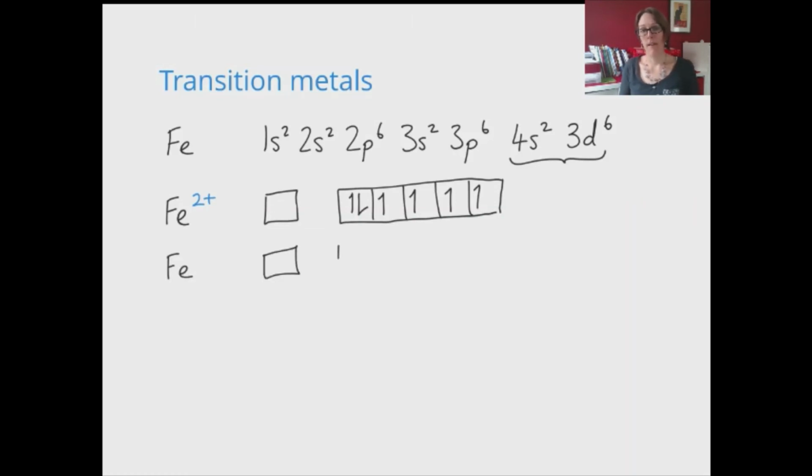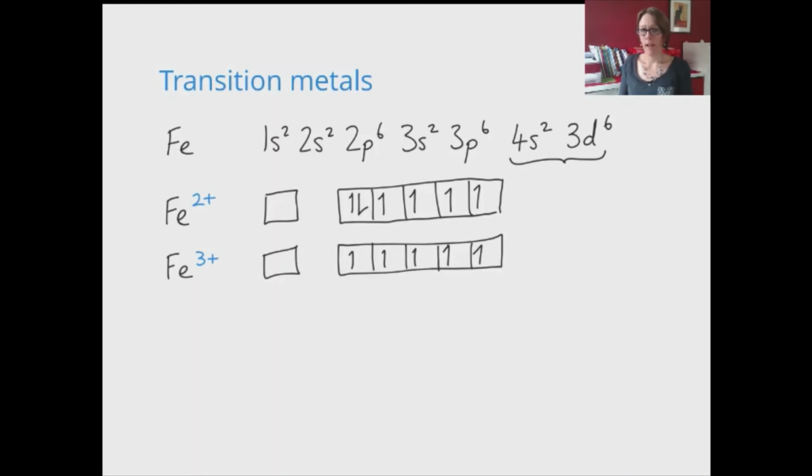If we were to compare that with the other common oxidation state of iron, which is Fe3+, then what you end up with is a beautifully half-filled d orbital in which all of the electrons are unpaired, and that happens to be a particularly stable oxidation state. So 3+ actually tends to be usually the maximum positive charge that we can get simply by losing electrons.